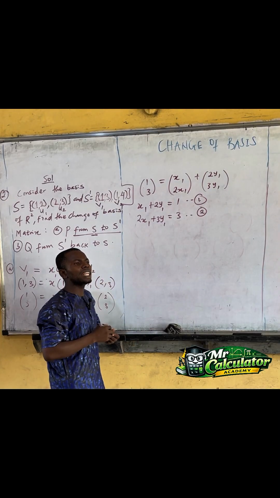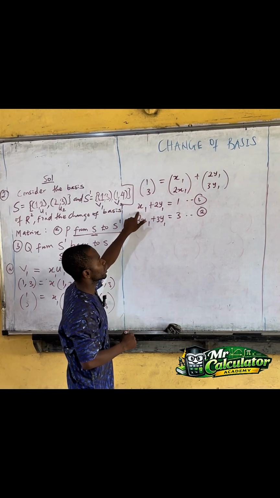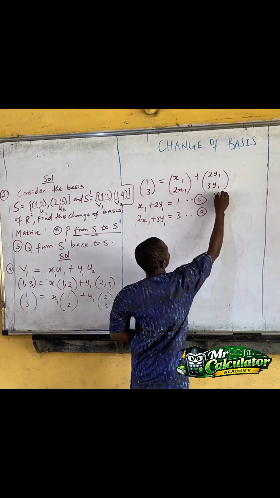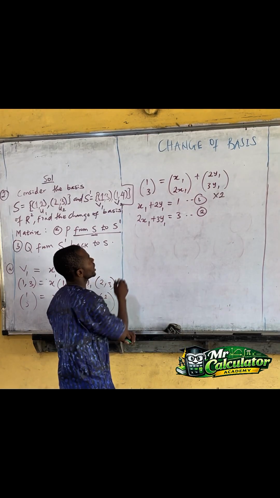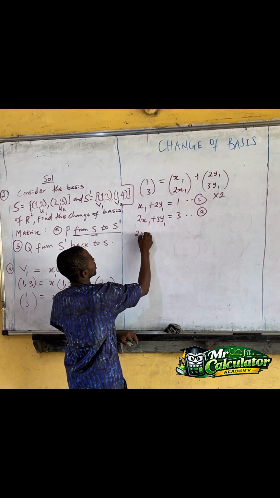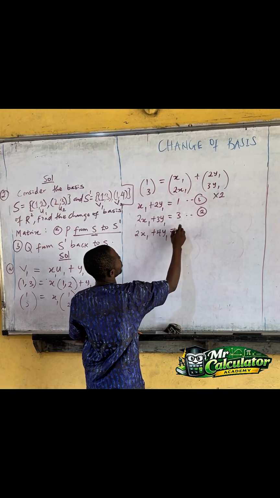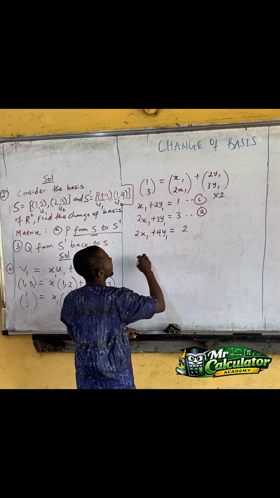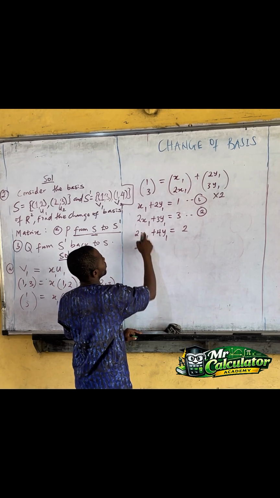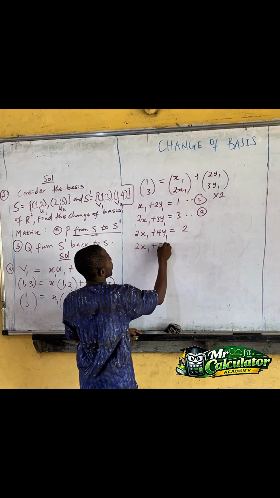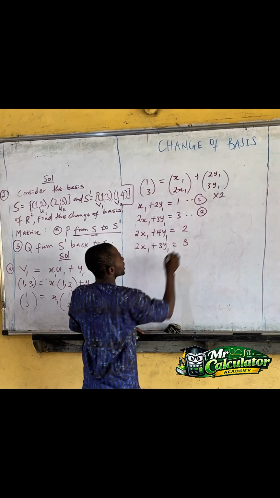But if I want to eliminate X1, let me multiply it by 2, so that it will be of the same coefficient. 2X1, right? 2 times 2, 4, plus 4Y1 equal to 2 times 1, 2. Now, 2X1 for the second one plus 3Y1 equals to what? 3, as you can see.